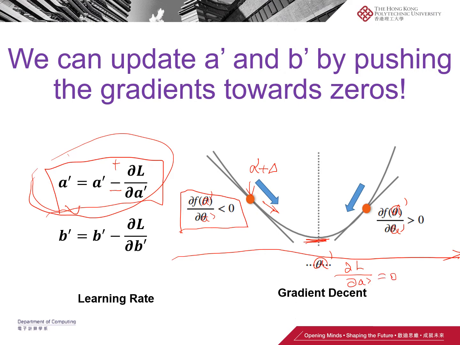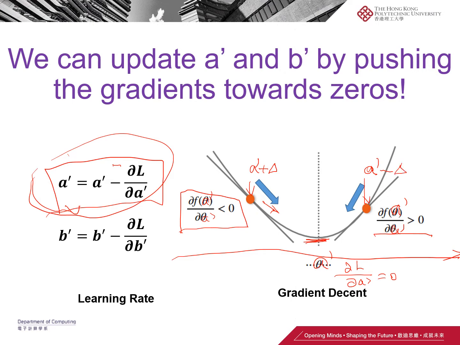And in case, by contrast, the A prime is here, that's where the partial derivative is greater than 0. By minus a value greater than 0, we are actually subtracting a little bit of shift there.